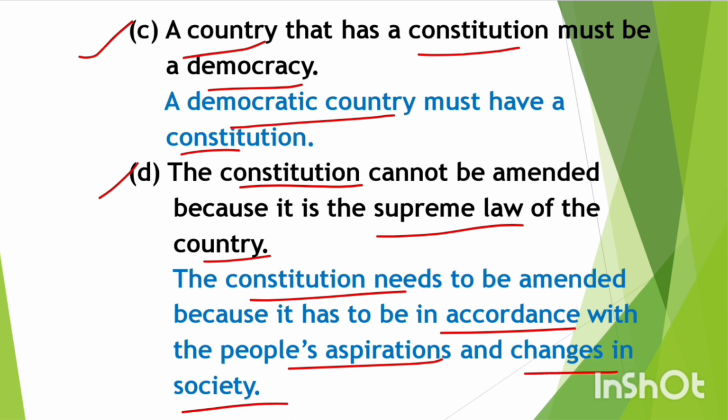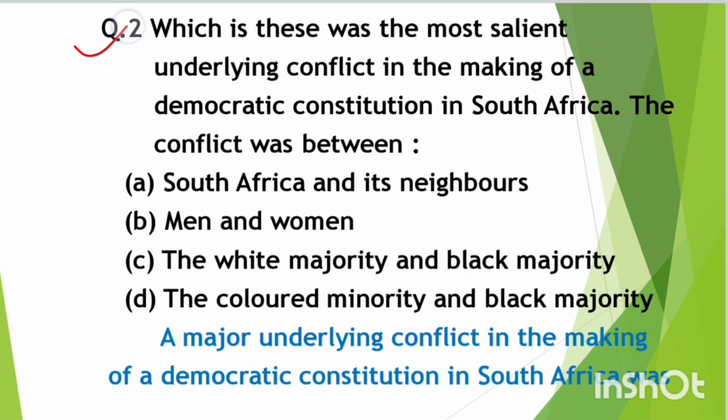So next, question number 2: Which was the most salient underlying conflict in the making of a democratic constitution in South Africa? The conflict was between: A, South Africa and its neighbors; B, men and women; C, the white majority and black majority; D, the coloured minority and black majority.